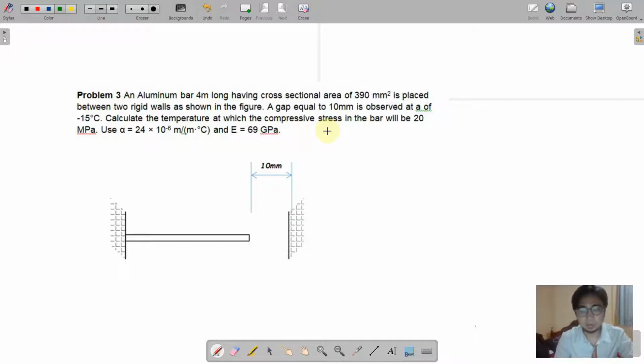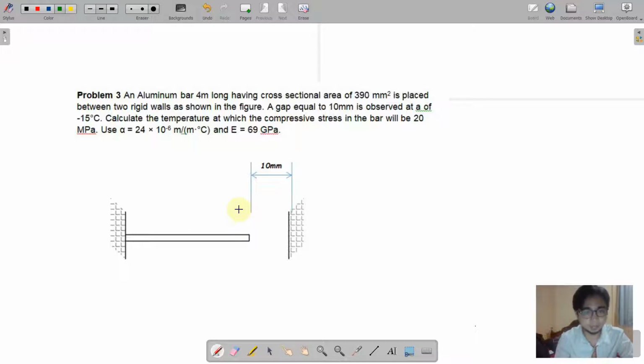Then we are going to calculate a temperature at which the compressive stress in the bar will be 20 megapascal. We would like to reiterate here that if we need to stretch or elongate this through the temperature, we just have to increase the temperature, because an increase would mean an elongation and a decrease or cool down would mean a contraction of the member. So that is a natural residual effect on the material with regards to the temperature.